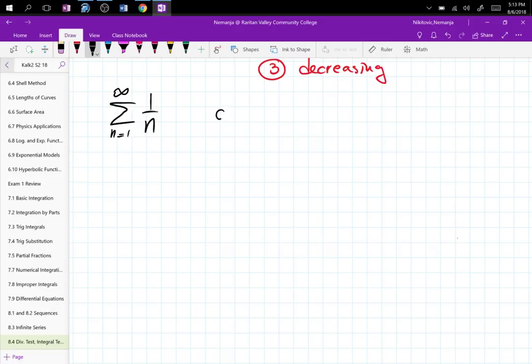So now we're going to write that a_n is 1 over n, which means that my function f of x is going to be 1 over x. And that's going to be on the interval 1 to infinity. It's a clopen interval. Clopen means closed on one side, open on the other. They're also called half open and half closed, but clopen is a much funnier word.